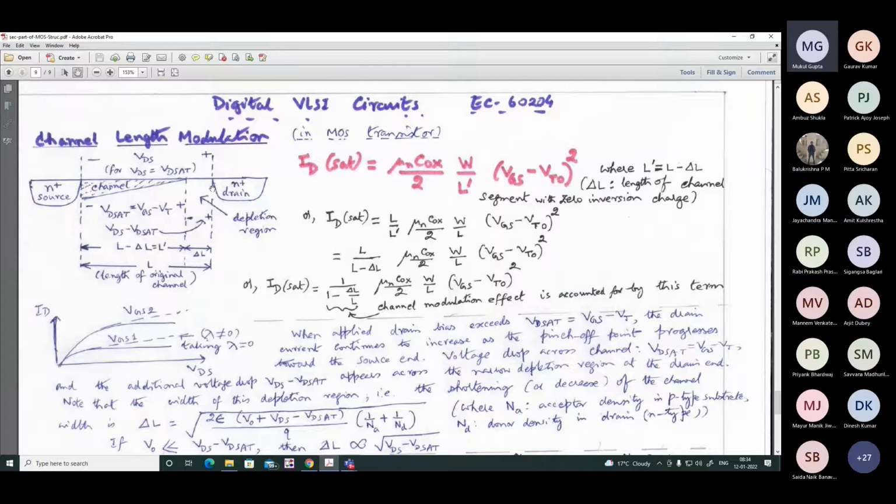But then the question arises how the current flow will be maintained. Current flow will be maintained in this fashion: the carriers travel over the channel as they come to this point. Then under the effect of the electric field, they will be swept across the zero channel, which we call the lack of the channel.